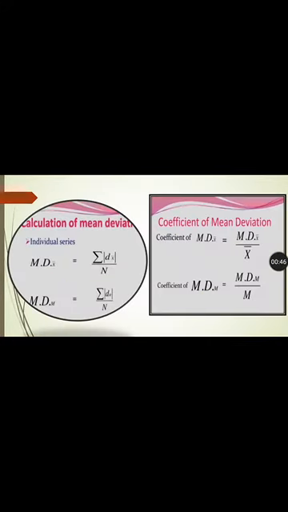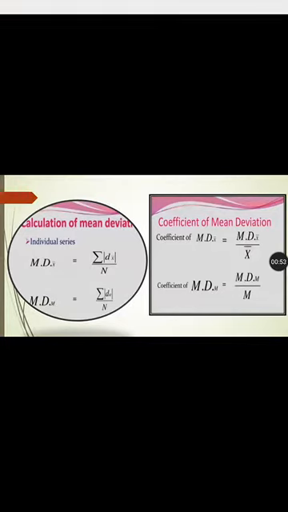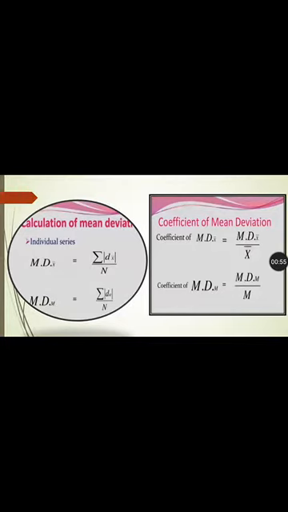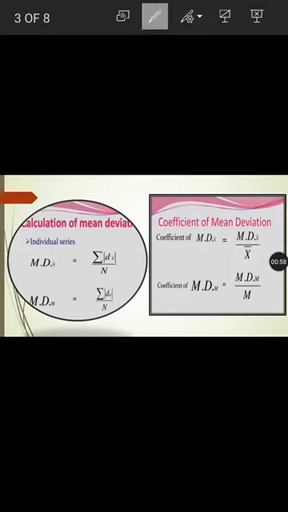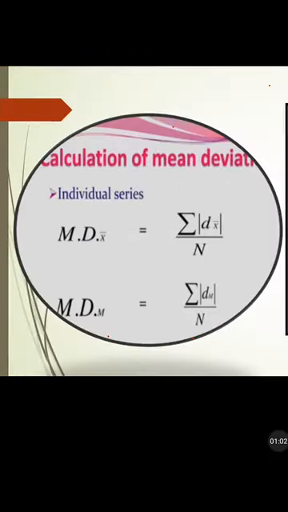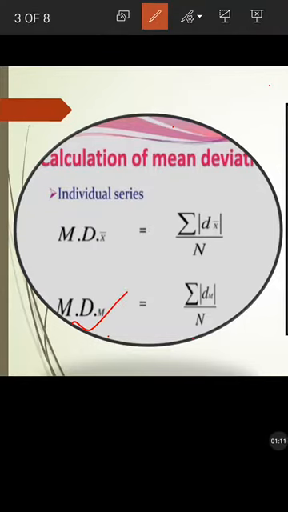Here I've given you the formula, mean deviation from median. If I zoom in, I think you can see it clearly. The formula is the same: summation |d| divided by n.